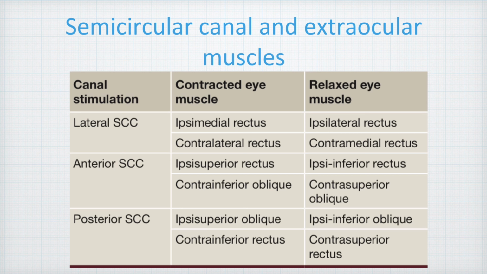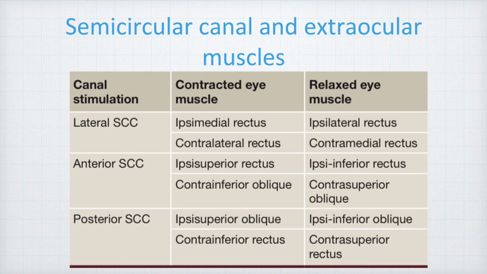In the relaxation column, the antagonist will be the inferior rectus of the same side, and the superior oblique of the opposite side. So we have rectus above, oblique below, superior rectus of the same side above, and inferior oblique of the opposite side below in the contraction column.